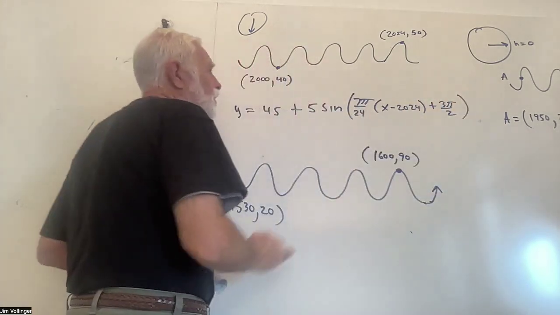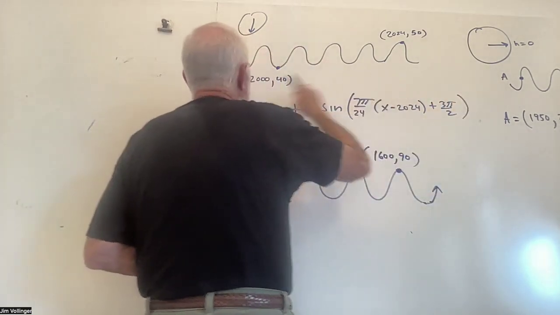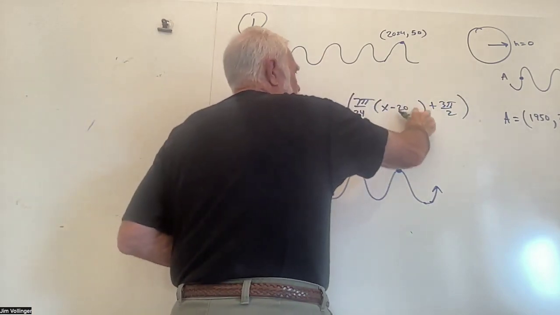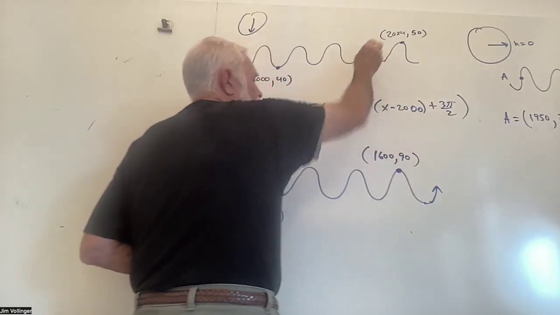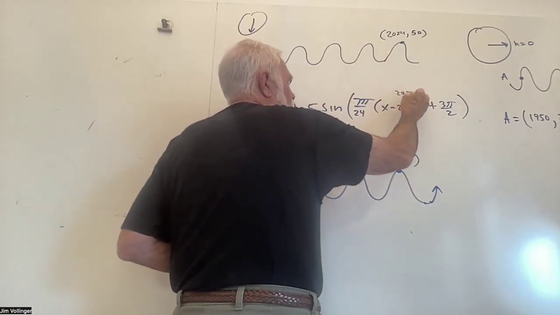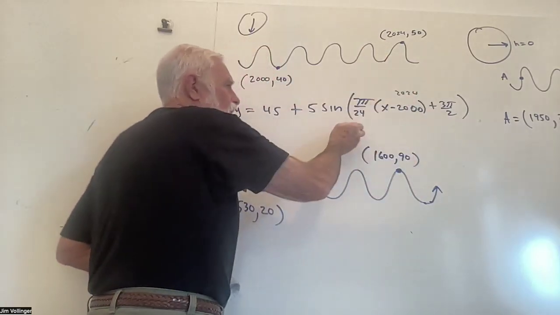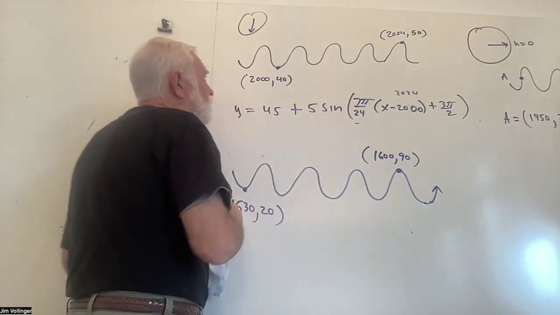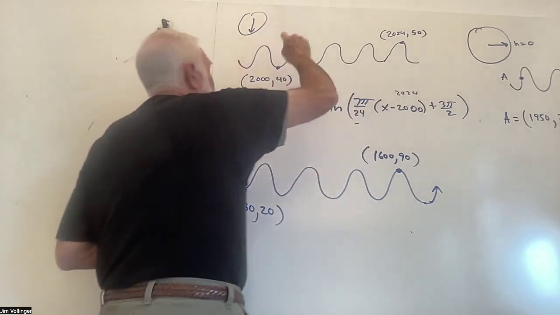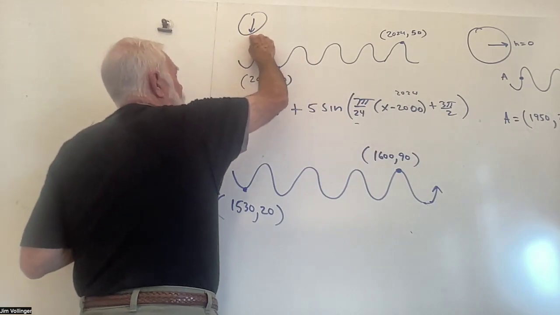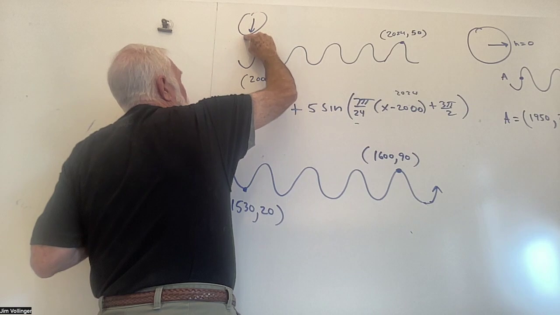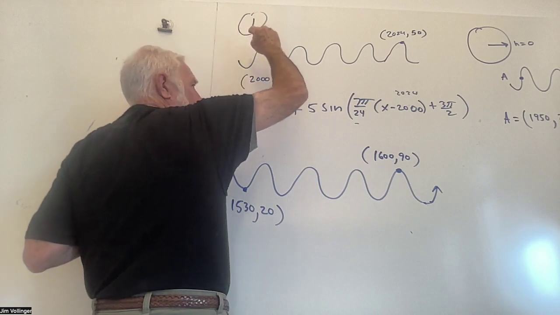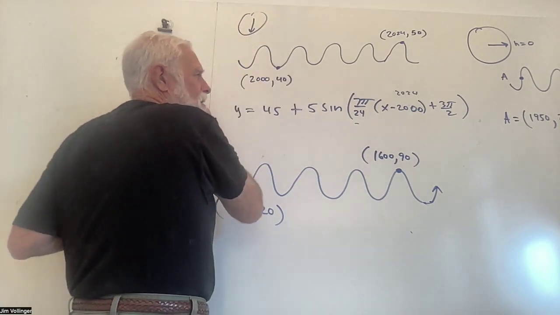Okay, so when we put in 2024, I'm sorry, I got to build this off of 2000. That was a clunker. All right, so when I drop in 2024, I'm going to cancel the 24s, 3.5 revolutions. So I'm starting at 3 pi/2, 3.5 revolutions. 1, 2, 3, 4, 7 pi.